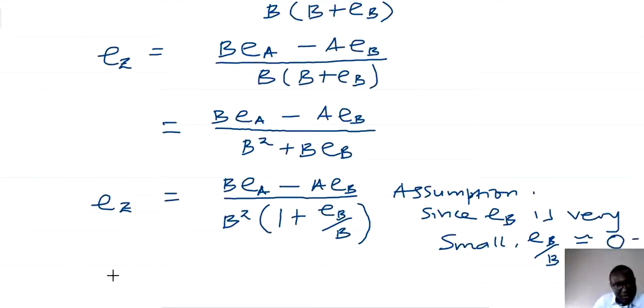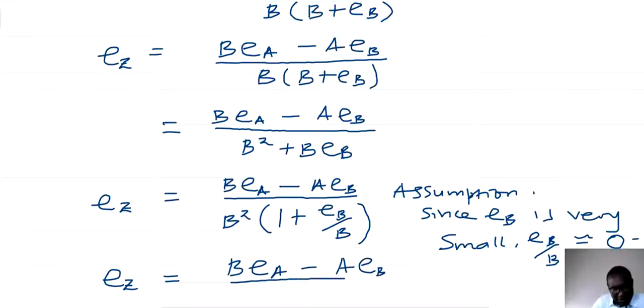So there we shall now have error in Z giving us B error in A minus capital A error in B divided by now B squared. This part here has been approximated to 0 because of this reason. Small value divided by a bigger value, we approximate this to 0.